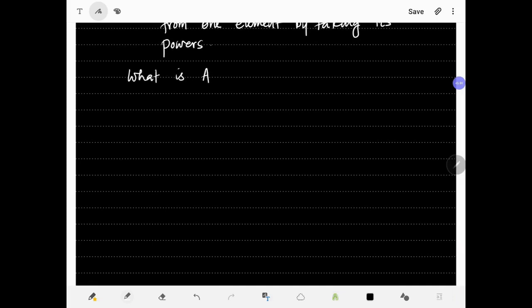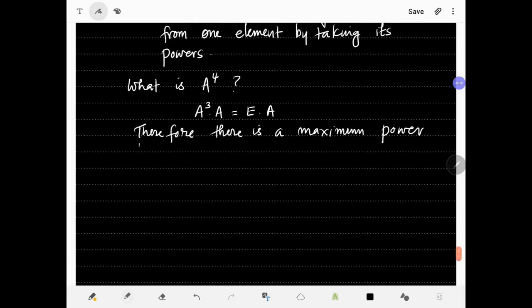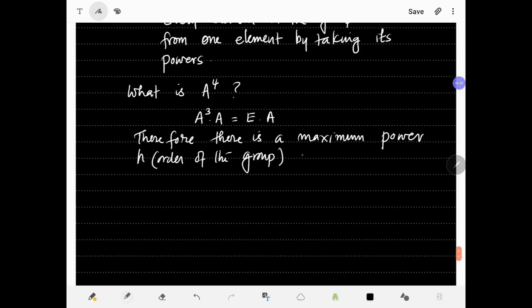Now for the sake of curiosity, you can ask what is A to the power 4. A to the power 4 is A cube into A, and we have seen A cube is identity element, and so it is E into A, and the result is A. And therefore there is a maximum power you can see, which is usually the order of the group, beyond which the group elements get repeated.